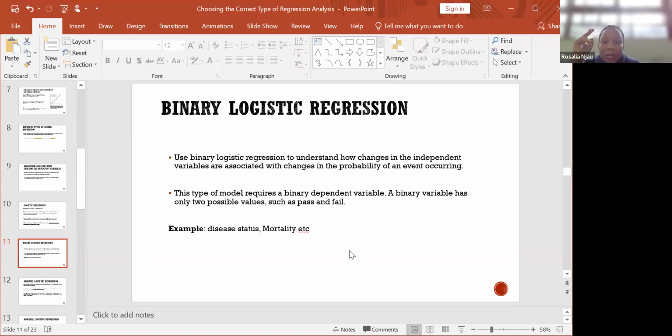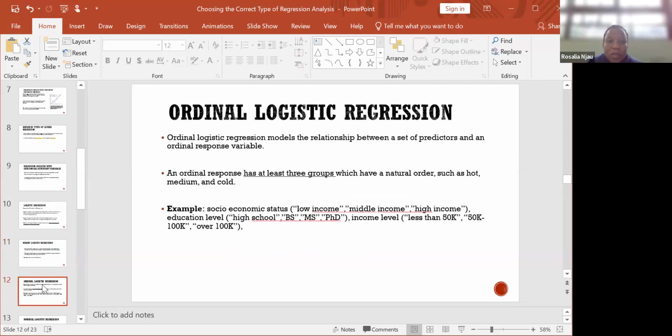It has to be binary, meaning that it has only two possibilities, either fail or pass, or other examples like disease presence, whether the disease is there or not, or mortality has occurred or not. So that's binary logistic regression.